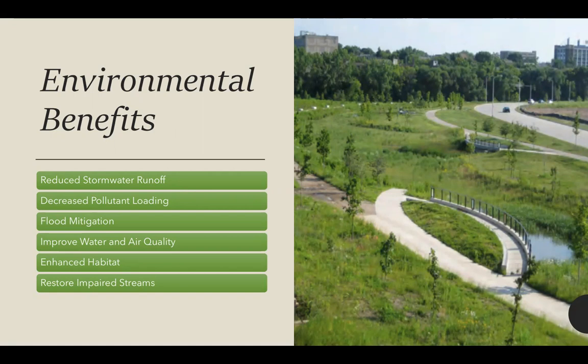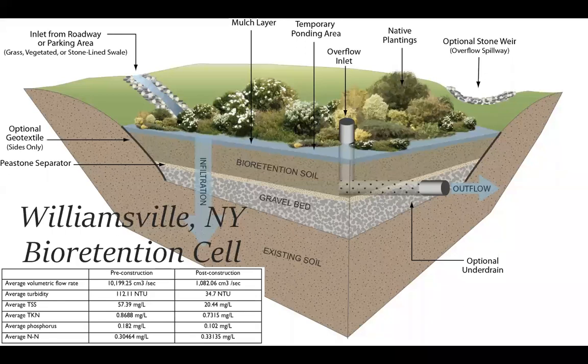A good example that has been done, as seen in this photo, is from Milwaukee, where they implemented several bioretention cells close to a highway to help before that water reaches the stream below. Another example is in Williamsville, New York, where they put a bioretention cell by a parking lot.